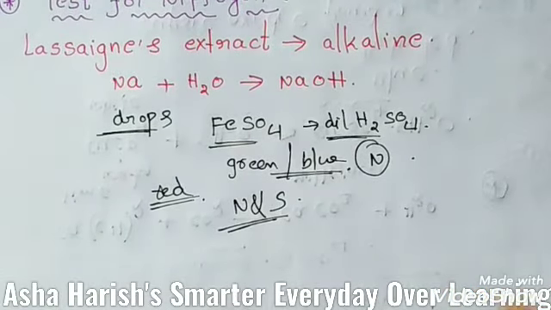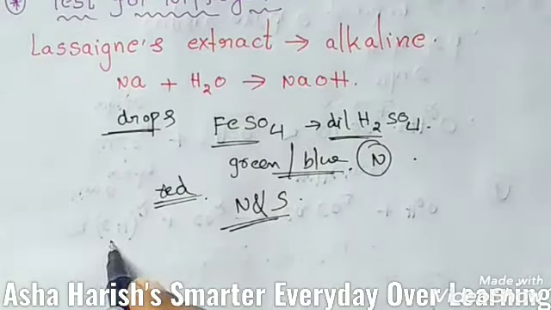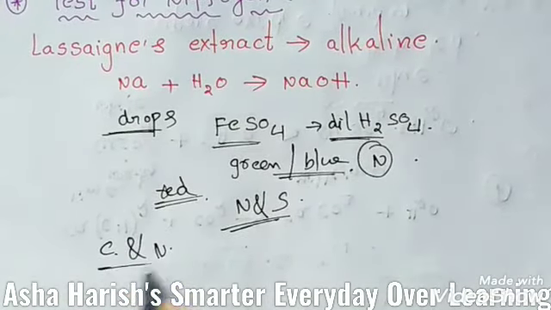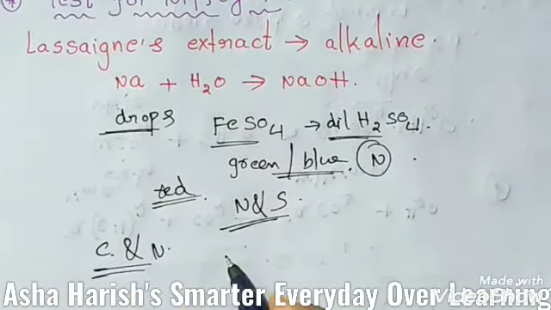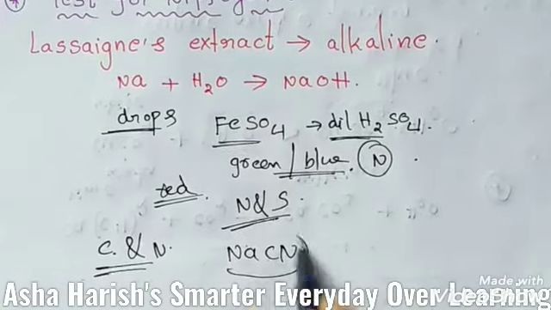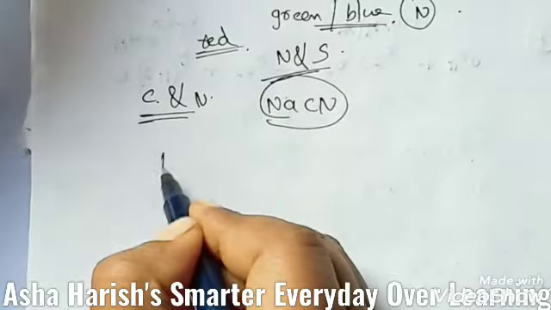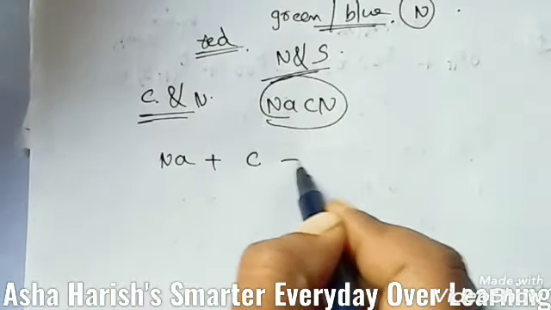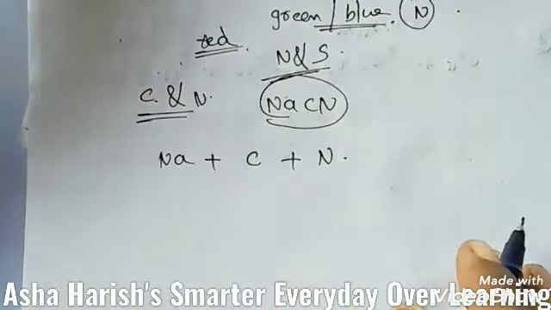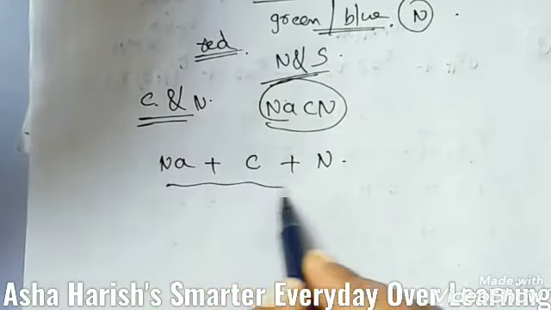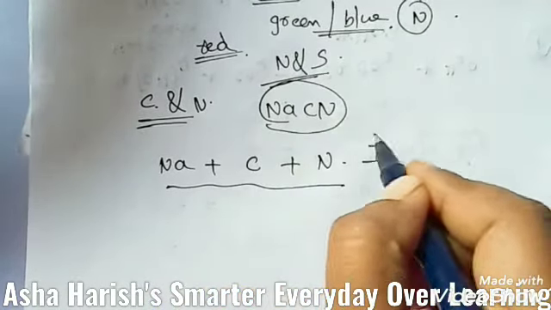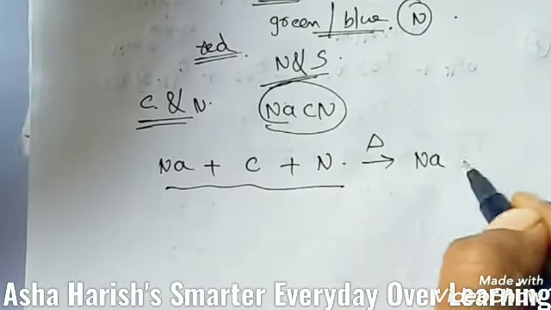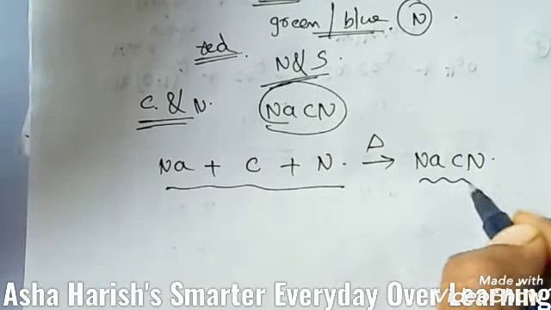Now see the chemistry of the test. During fusion, the carbon and nitrogen of the organic compound combine with sodium to form sodium cyanide, NaCN. If you add carbon and nitrogen from the organic compound to sodium and heat the substance, you get sodium cyanide.